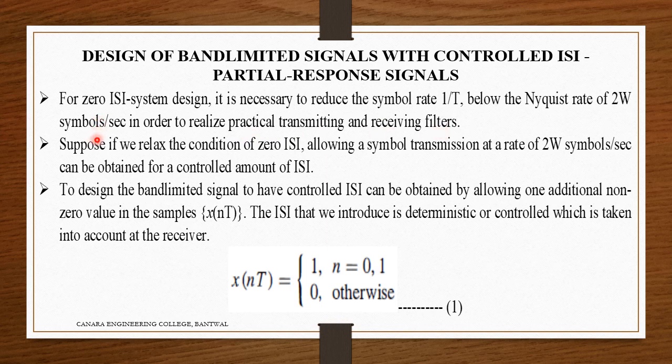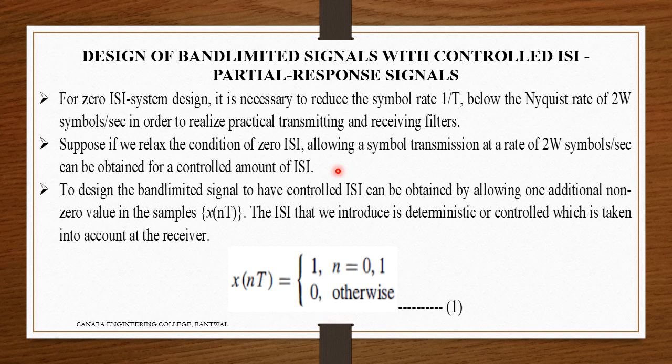Suppose we relax the zero ISI condition, allowing symbol transmission at a rate of 2W symbols per second, which can be obtained for a controlled amount of ISI. So we remove the zero ISI condition and allow symbol transmission at a rate of 2W symbols per second with a controlled amount of ISI.